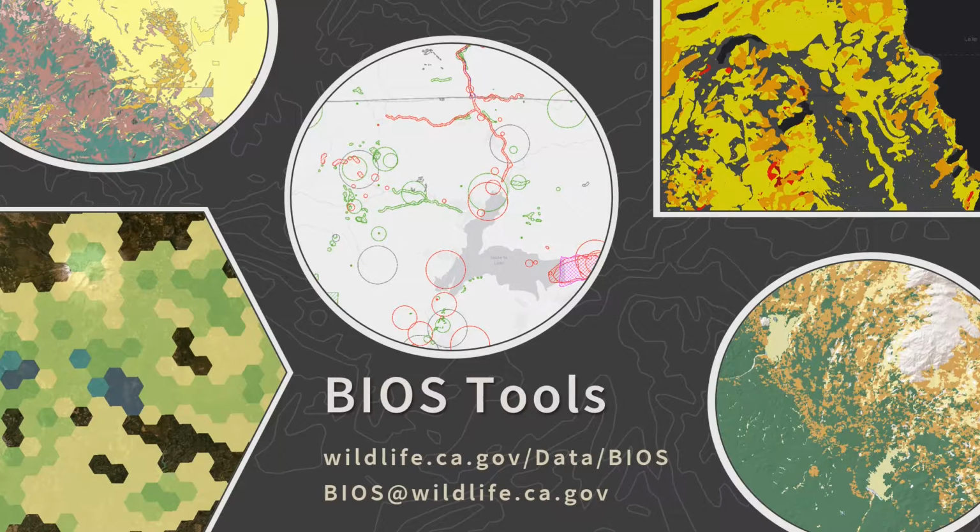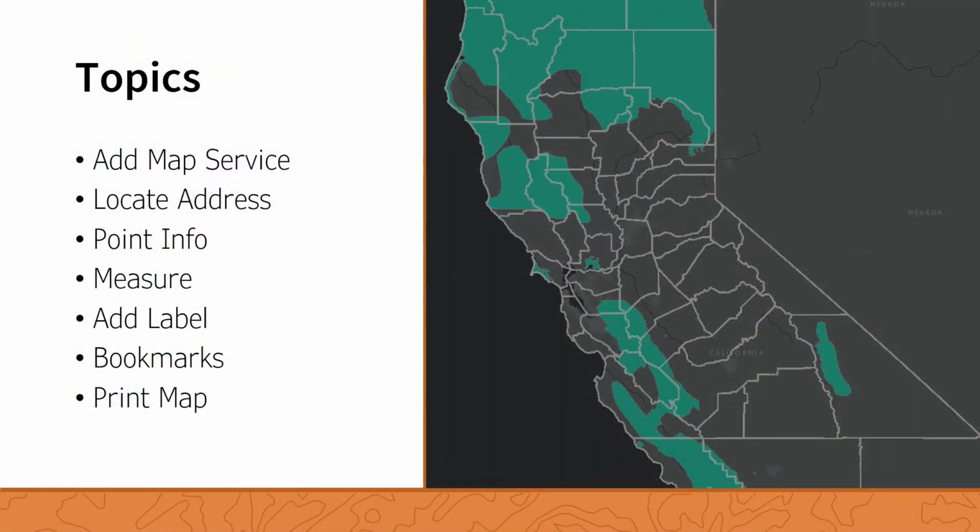In this session, we will cover where to find and how to use several commonly used tools in BIOS. In this video, we will cover the following tools: Add Map Service, Locate Address, Point Info, Measure, Add Label, Bookmarks, and Print Map.